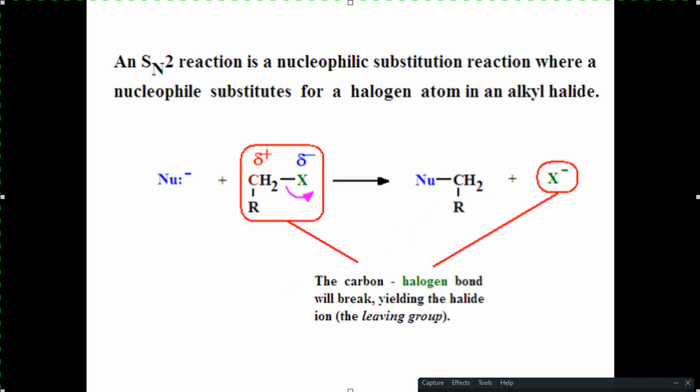Okay. And so again, in this mechanism, we should have the arrow moving towards the carbon and then the carbon-halogen bond breaking. Now, the halogen as it leaves is what's called the leaving group because it's leaving. So later we'll expand our view of leaving groups, but for the moment it's going to be a halogen.